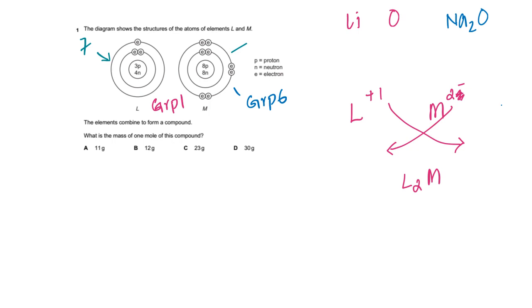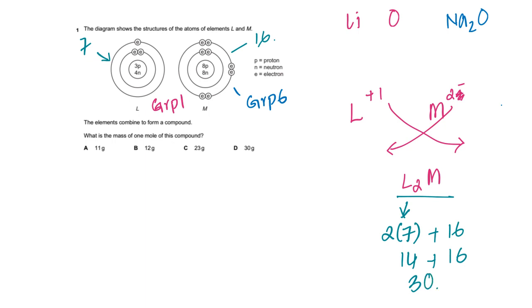And this has an MR of 16. Well, that's again oxygen, right? Okay. So what is the MR for L2M? Well, that's going to be 2 times 7 plus 16. So 2 times 7 is 14 plus 16. I think that comes out to 30, right?